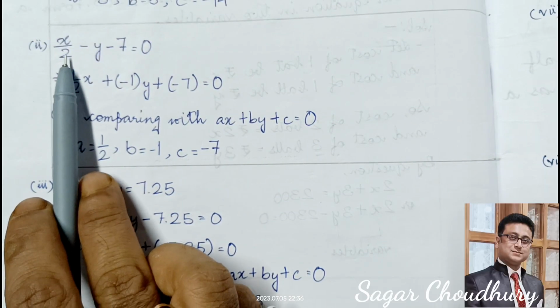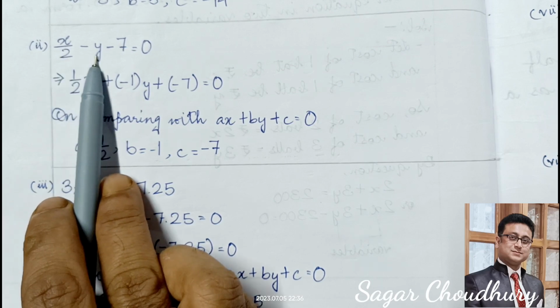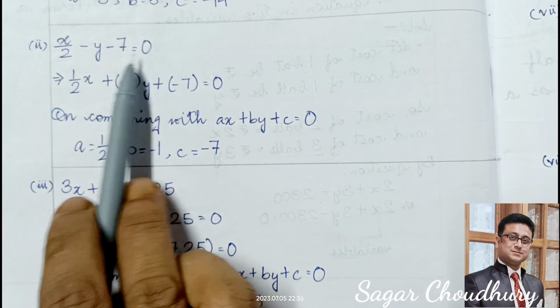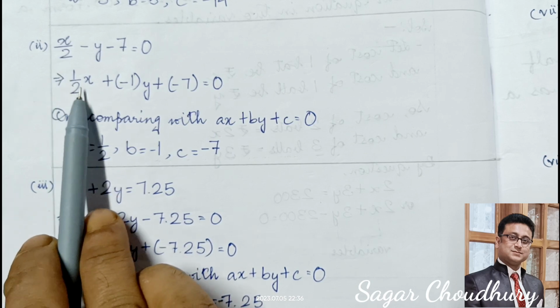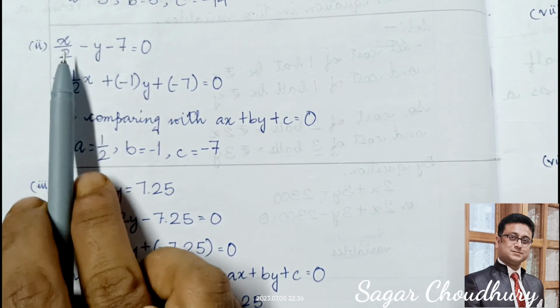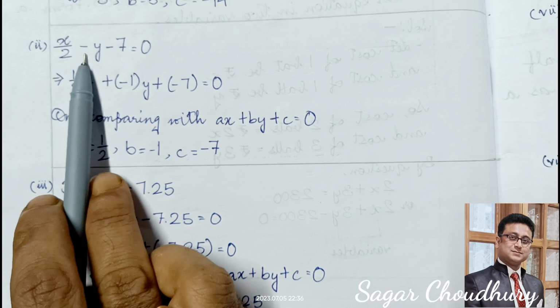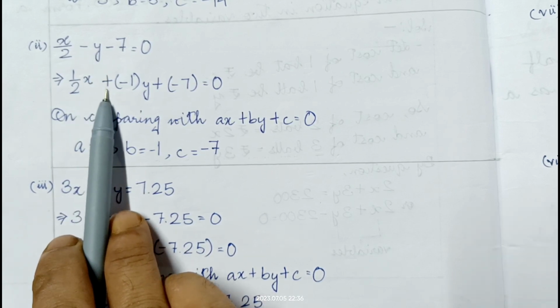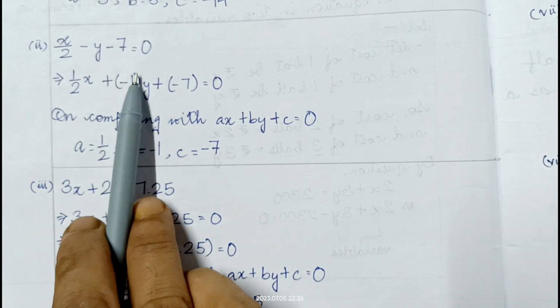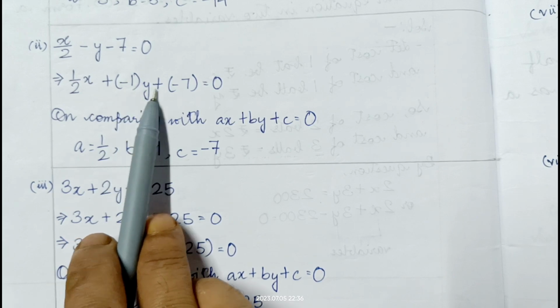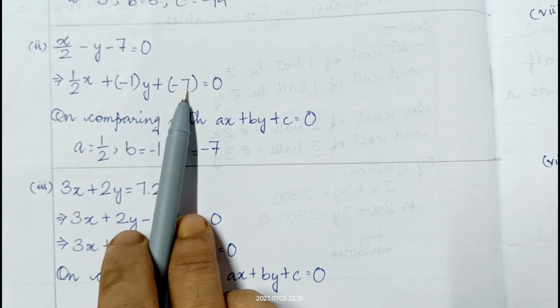In the second part it is given x by 2 minus y minus 7 equals 0. So here it can be written as half into x. Half into x is the same as x by 2. Since it is minus y, we can write plus minus 1 into y, plus this minus 7 can also be written like this.